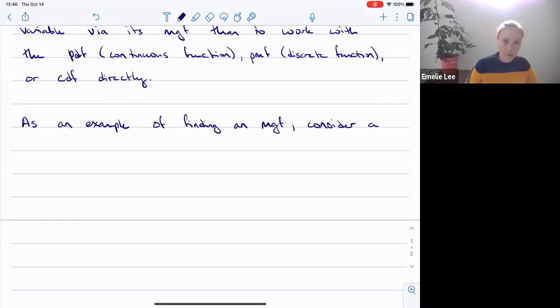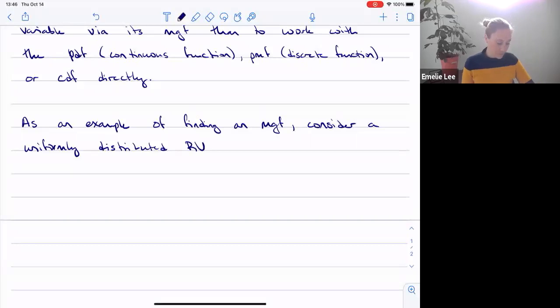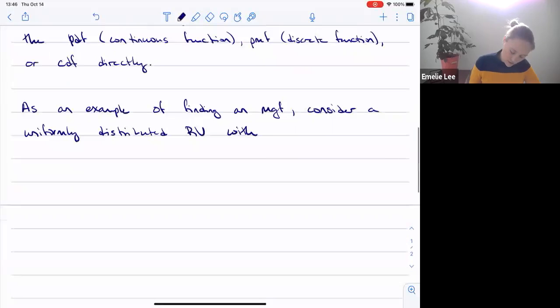consider a uniformly distributed random variable, RV, with PDF.